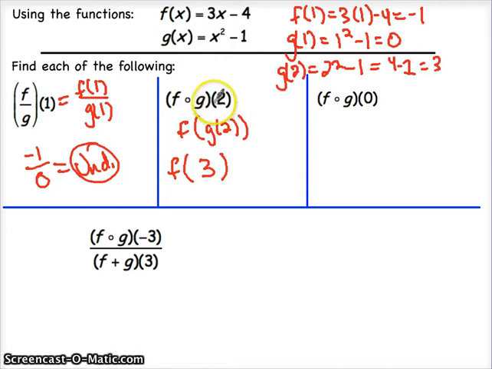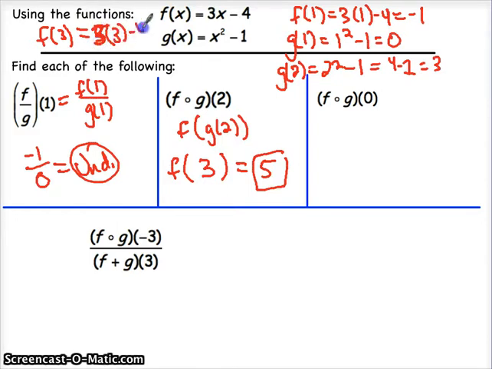So even though it started me off with the 2, I need to do that inside function. Its output becomes the input for f. And f of 3 is just 3 times 3 is 9 minus 4. So that makes 9 minus 4 is 5. Because f of 3, when I plugged 3 in for x, was equal to 5. Okay? Or it was 3 times 3 minus 4.